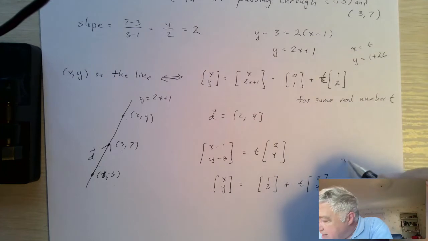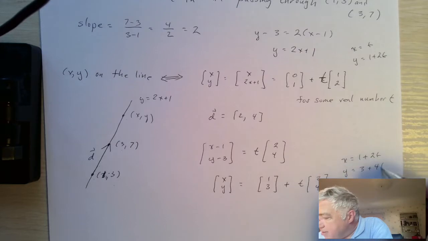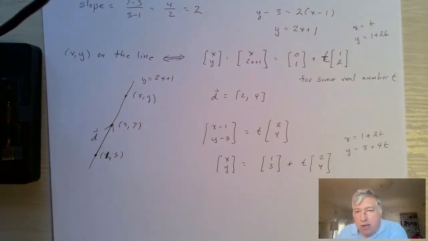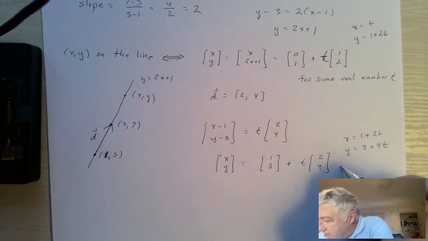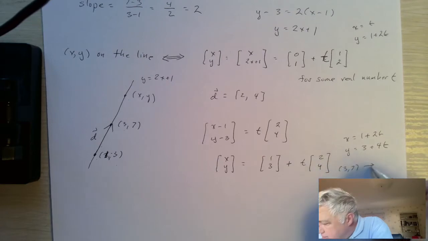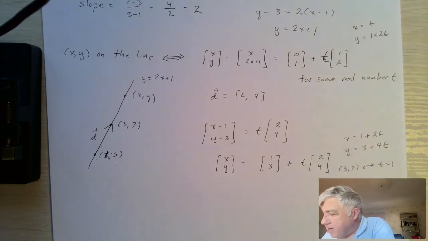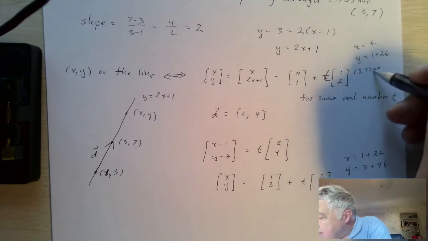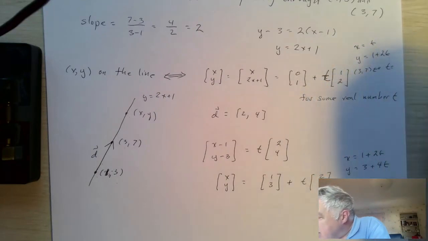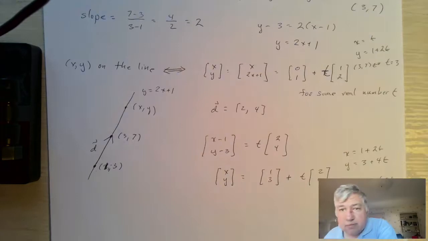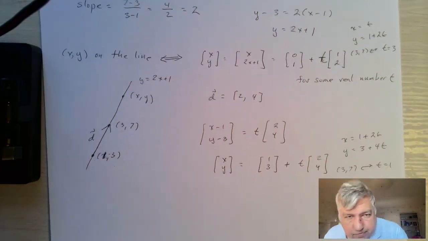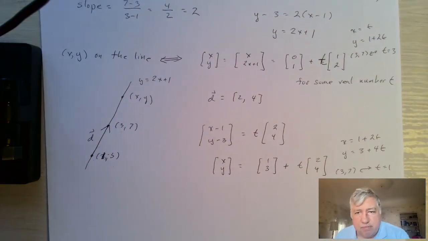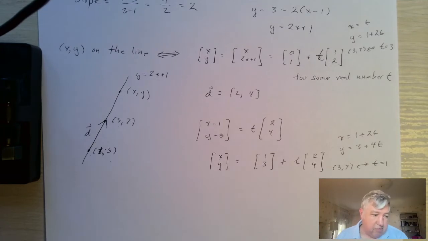Here we get x equals 1 plus 2t, and y equals 3 plus 4t. Here the point (3, 7) corresponds to t equals 3, and there it corresponds to t equals 1. So this gives a slightly different parameterization, but it gives us the same line.